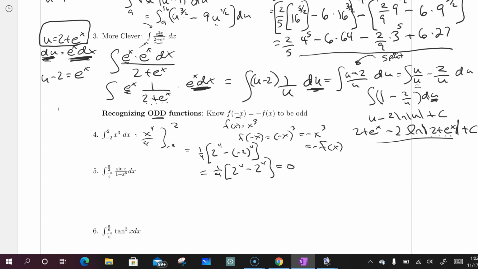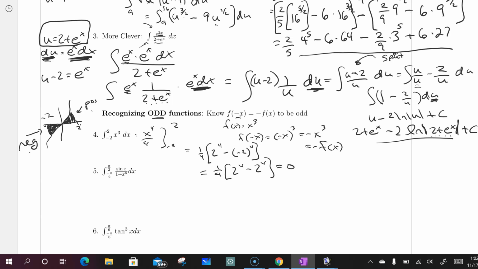So remember what we did a long time ago. We talked about negative areas and positive areas, right? So if I'm talking between -2 and 2, this area here will be negative, remember, because it's below the x-axis. This area here will be positive, and they're the same area because it's symmetric.